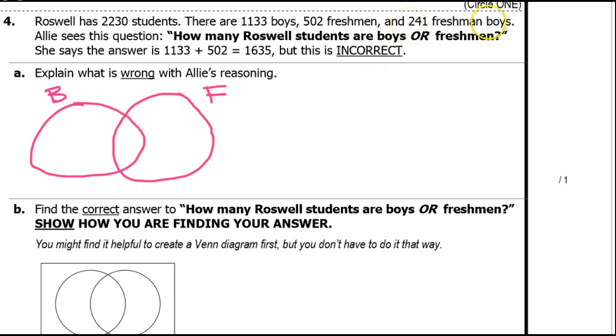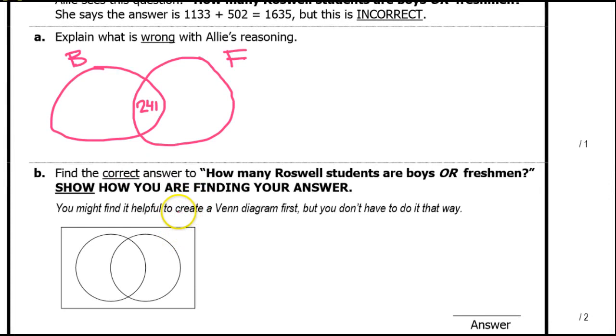Specifically, there are 241 freshman boys. And in fact, I guess this is what is supposed to go down here. So there are 241 freshman boys. So here we have boys, and here we have freshmen.